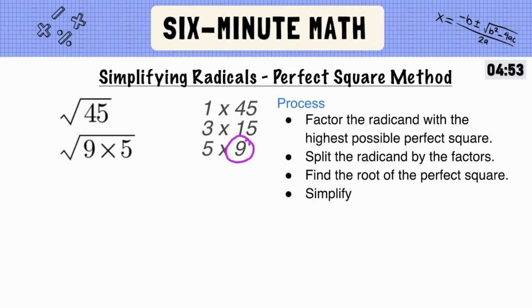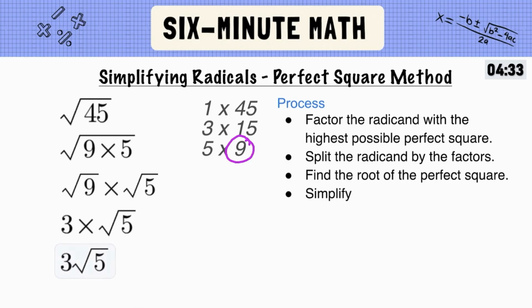So I split 45 into 9 times 5, and then I split that radicand into two separate roots. Then I am going to find the root of that perfect square. Root 9 is 3. That's still multiplied by root 5. And then I simplify that to 3 root 5.